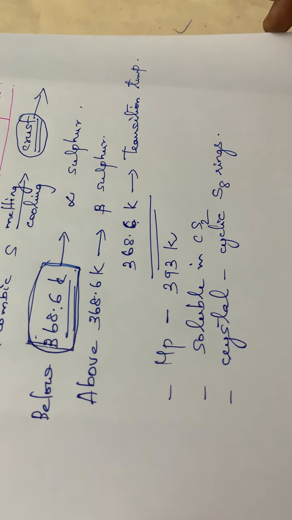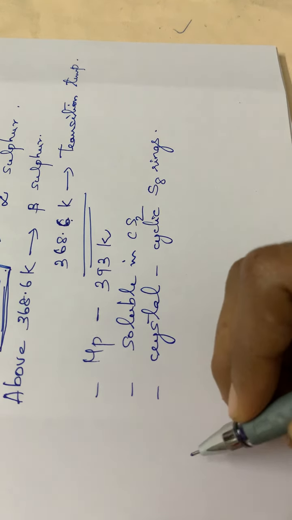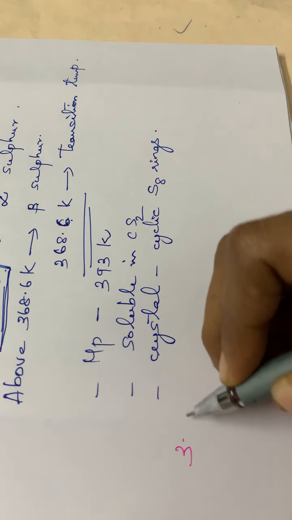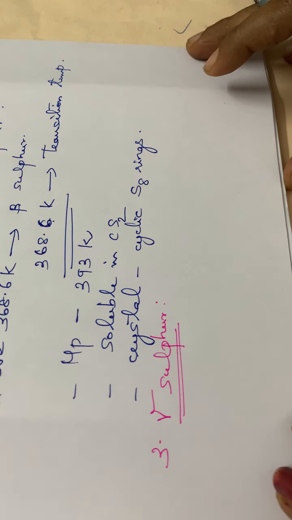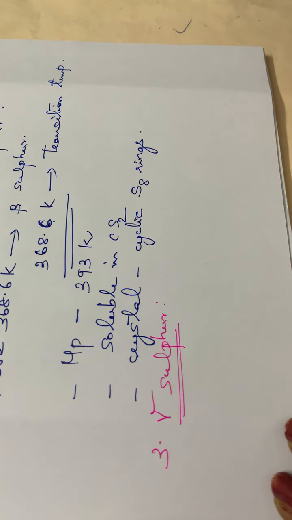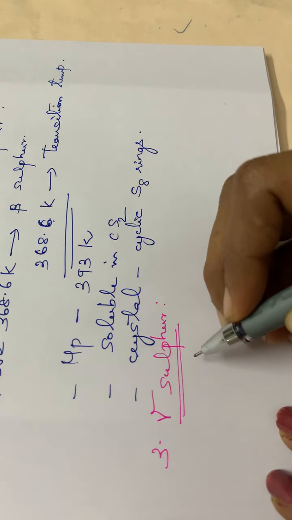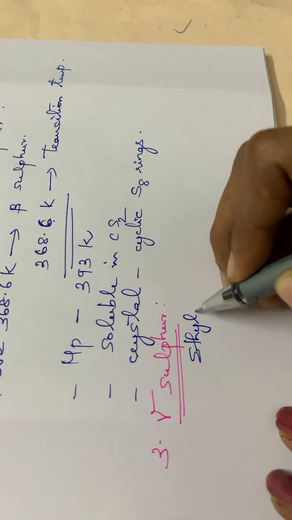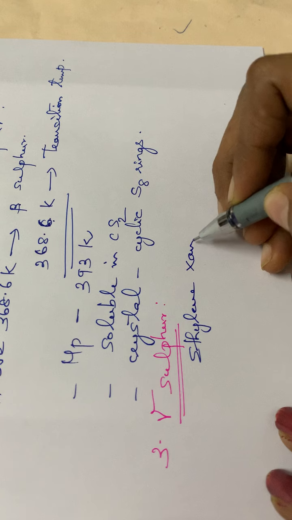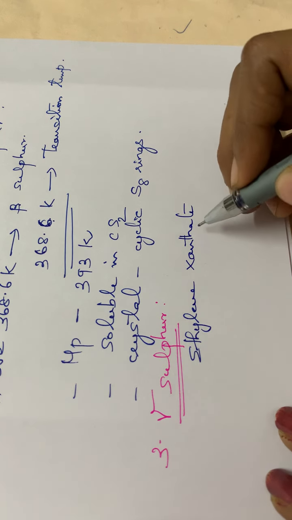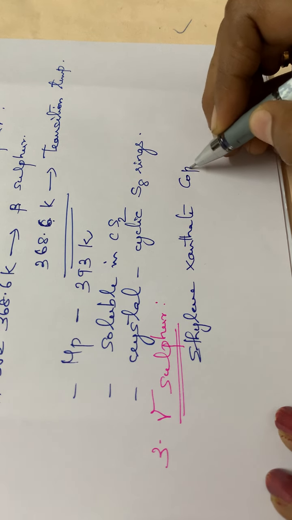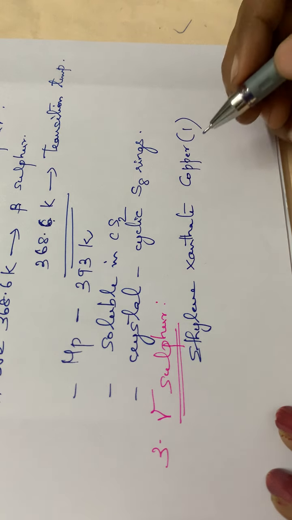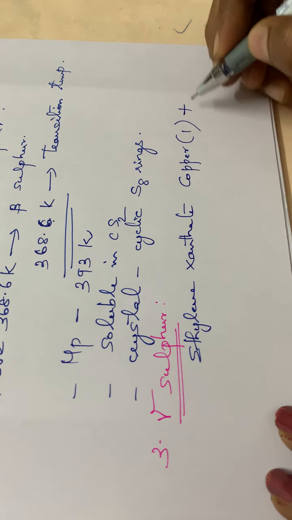Then the third one is gamma sulfur, or gamma monoclinic sulfur. This gamma sulfur is obtained by decomposing ethylene xanthate of copper 1. You don't need to study the structure. This ethylene xanthate is a salt of copper 1, cuprous, used in the presence of pyridine.